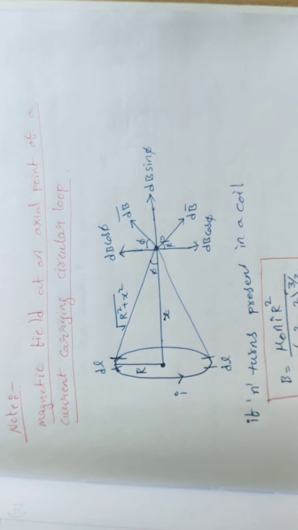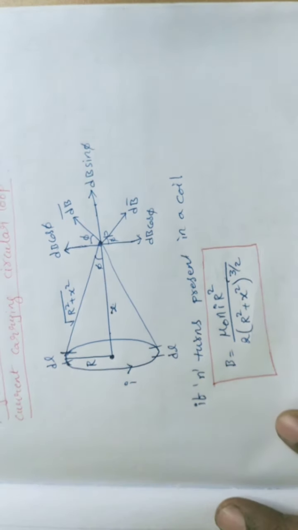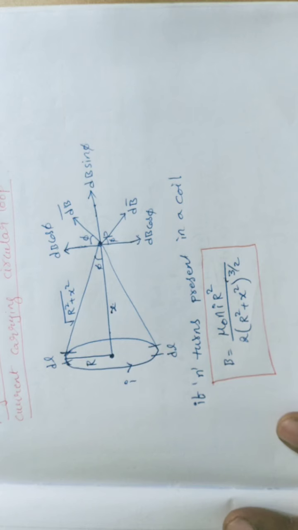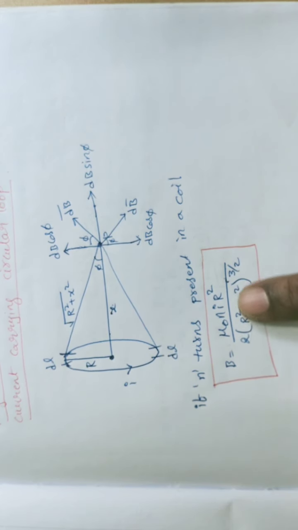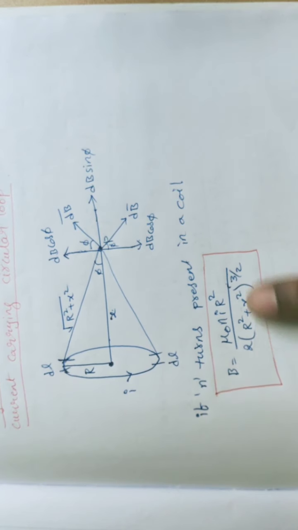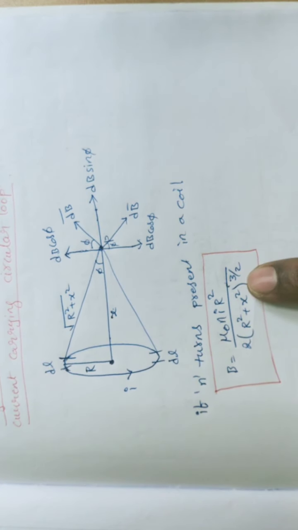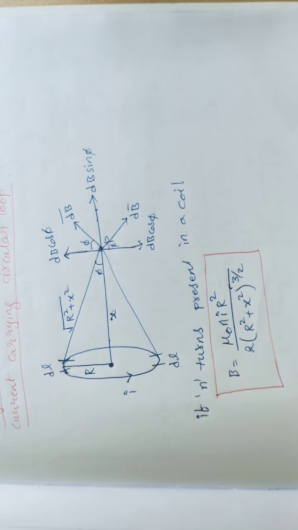Here, by derivation, we get B equal to mu naught n i R square divided by 2 into R square plus x square whole power 3 by 2. This is one fundamental formula I am giving for you.